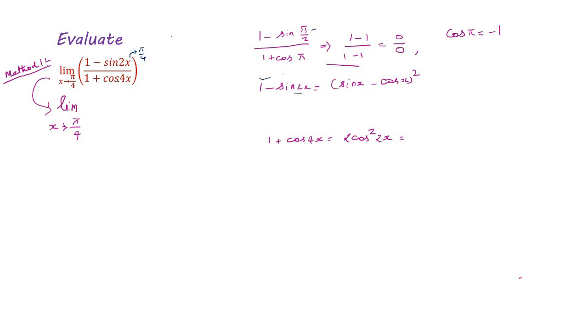Therefore, this can now be written as (sin x minus cos x) the whole square divided by 2 cos squared 2x. Now substitute x as pi by 4 in both numerator and denominator.